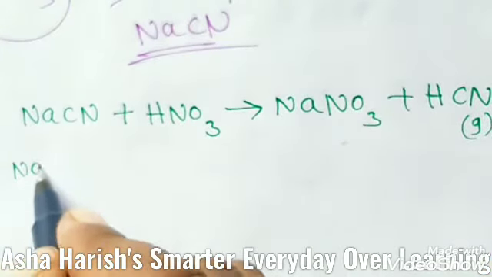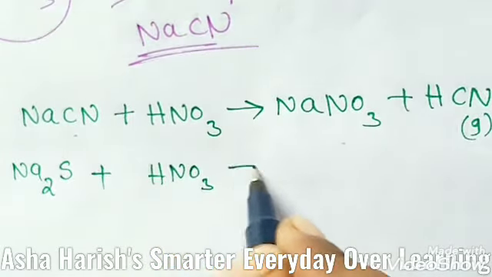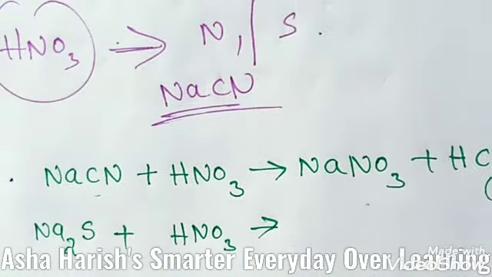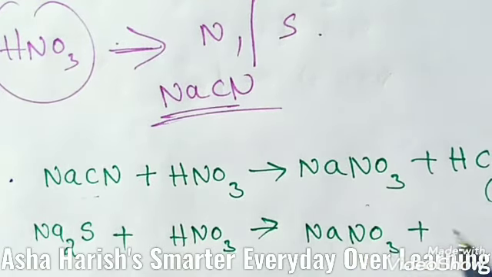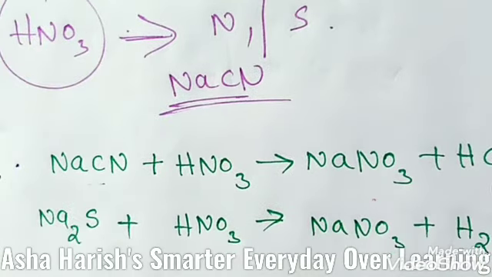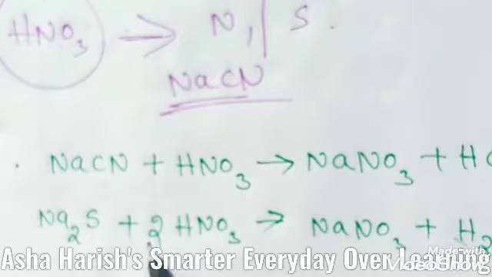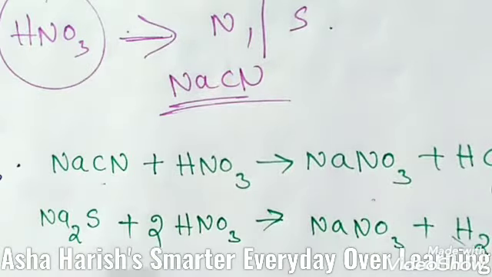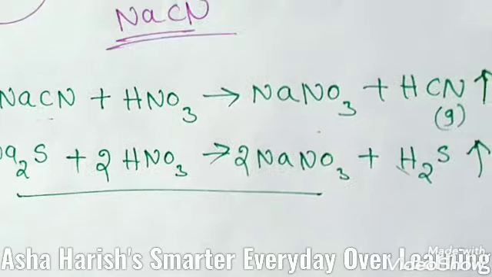And if you take Na2S, sodium sulphide, and add HNO3, nitric acid, again here also the same: sodium nitrate and H2S, hydrogen sulfide gas, will be formed. Let's balance this equation. Here there are 2 hydrogens, so place 2 here, and 2 sodiums, so place 2 here, then the equation is balanced.